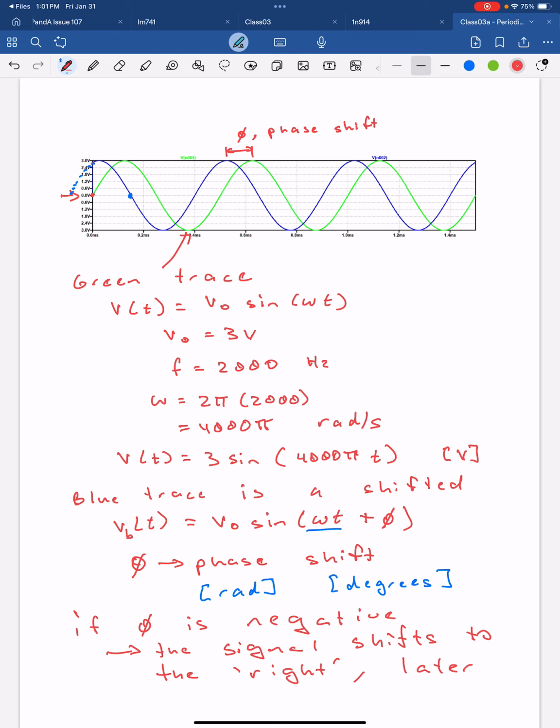If phi is positive, the signal shifts to the left.